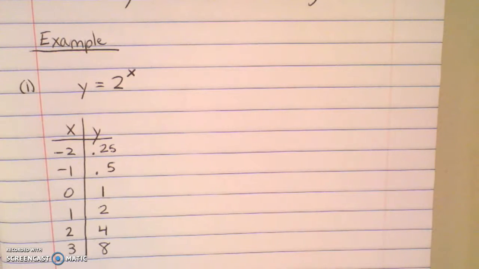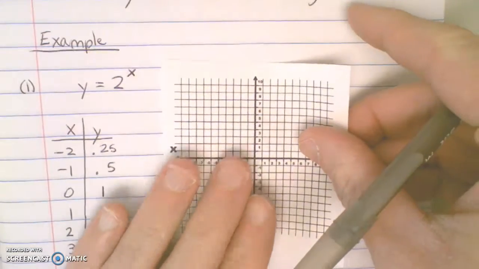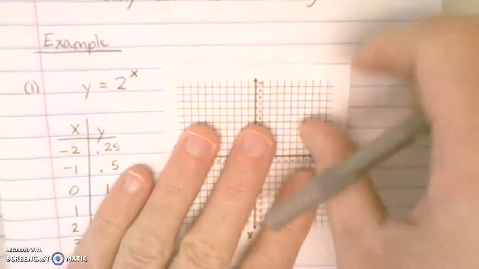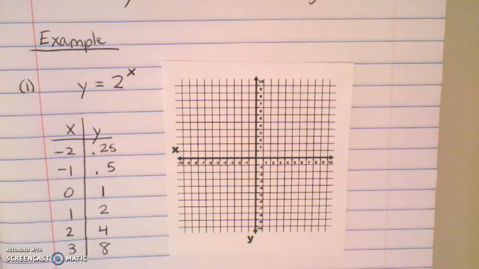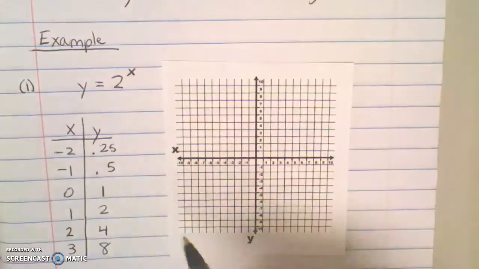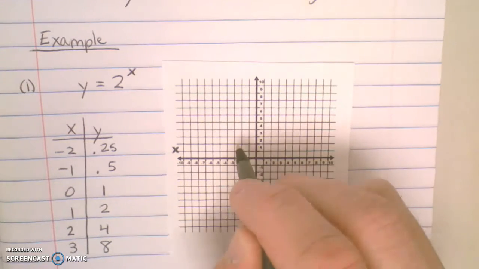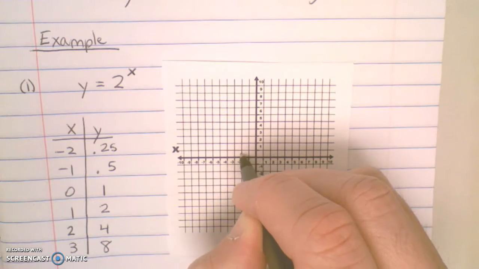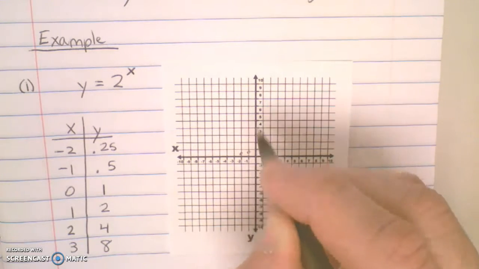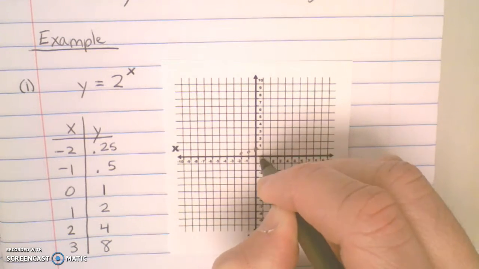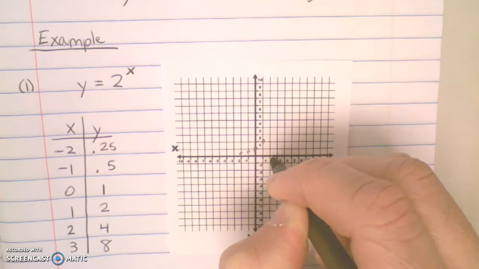So given that, we can now use the graph, and you should have some graph paper ready to go. We can plot the points and draw a good representation of that graph. So I've got -2, 0.25. I'm just going to put a dot there as close as I can. -1 is a half. 0, 1; 1, 2; 2, 4.